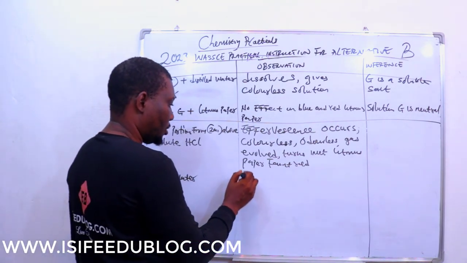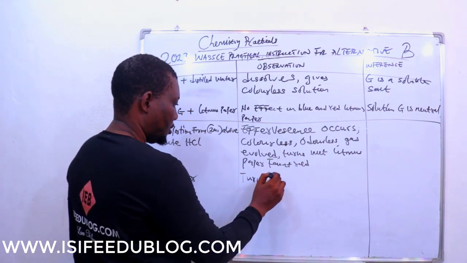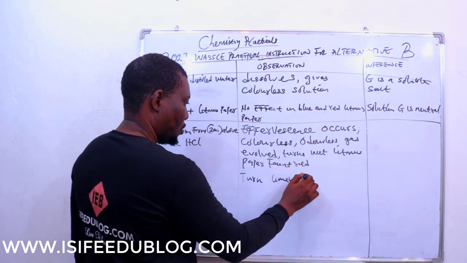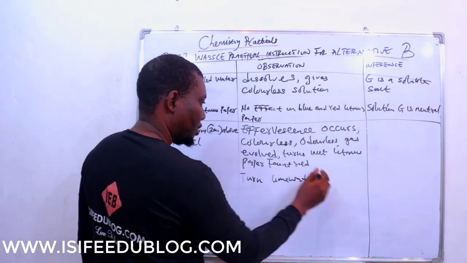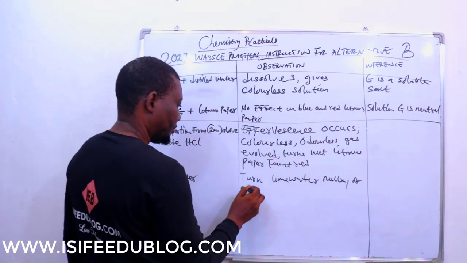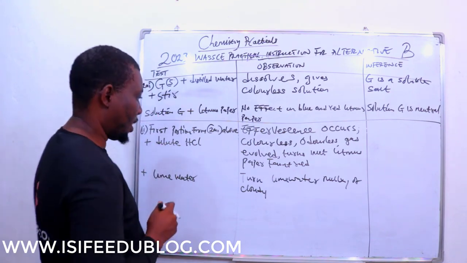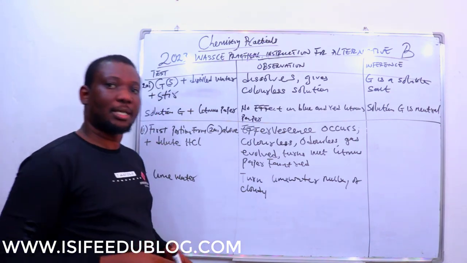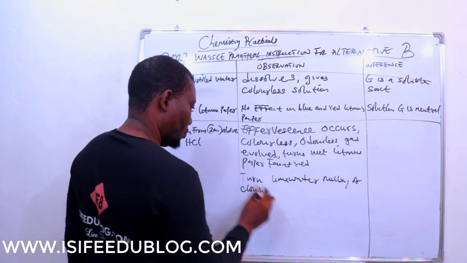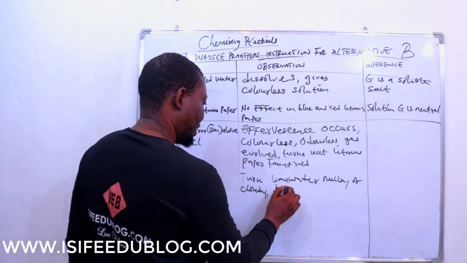It turns lime water milky or cloudy. They may ask to bubble it in excess, which disappears.